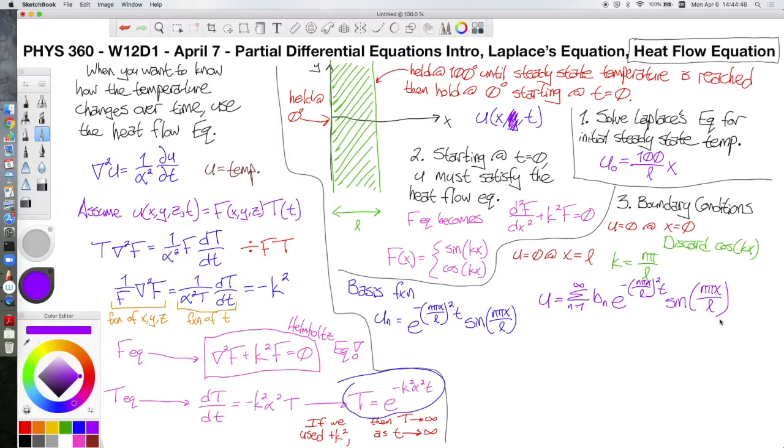So the boundary condition we're going to be trying to satisfy now is that at t equals 0, our function u must equal u naught.